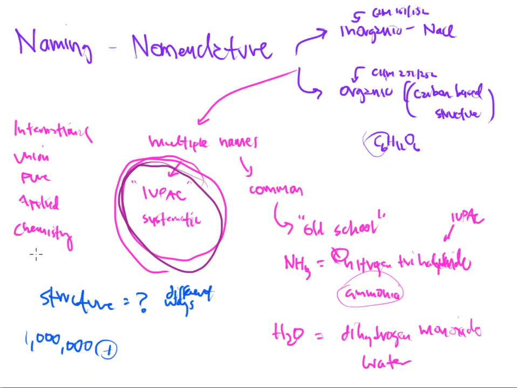And what they've decided to do is to save any confusion. When you go and look these things up, you can double check yourself to make sure that you're using the right proper name or the right proper structure. And you look for what we call a CAS number. That's pretty important. A CAS number.